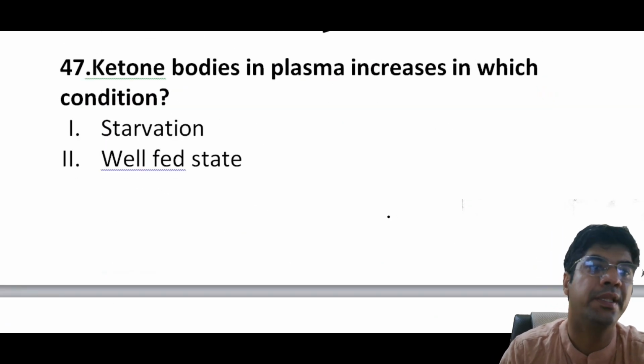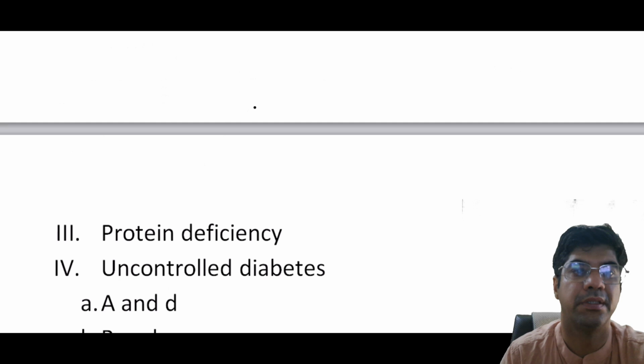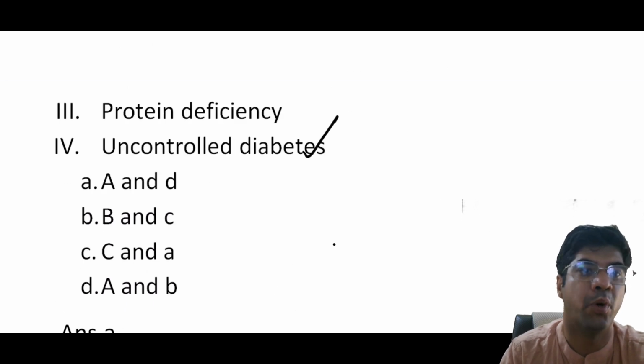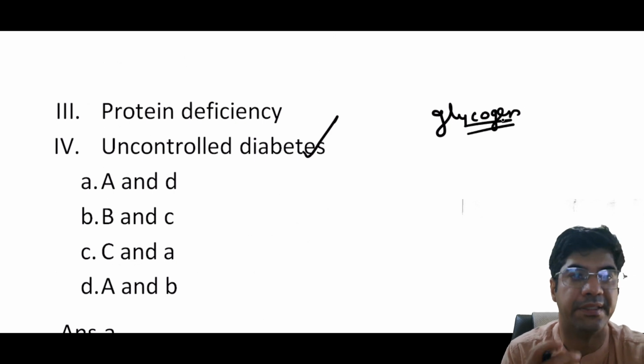The ketone body in the plasma increases in conditions of starvation and in case of uncontrolled diabetes. So during starvation, what you will see is the body depletes its glycogen stores and starts to break down fatty acids.